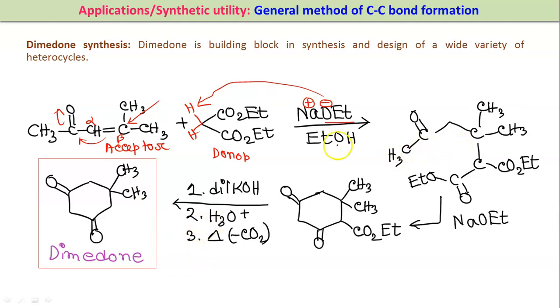After that, there will be O minus first, and it will take a proton from the solvent EtOH, and finally we will get the newly generated bond, which is this C-C bond. This part is coming from the active methylene group, and the other part is coming from the acceptor.